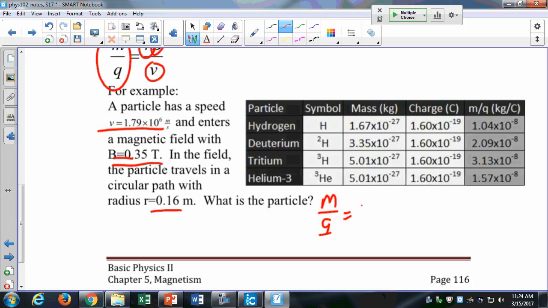It's going to be 0.16 times B, which was 0.35, divided by v, which was 1.79 times 10 to the 6th. And I get 3.13 times 10 to the negative 8.